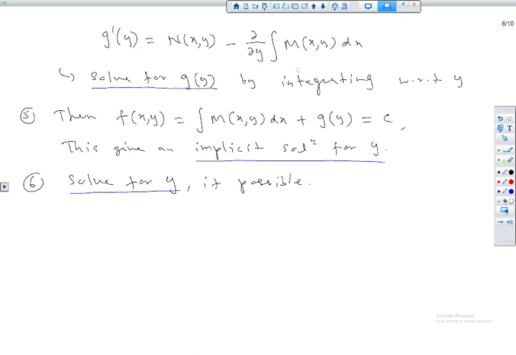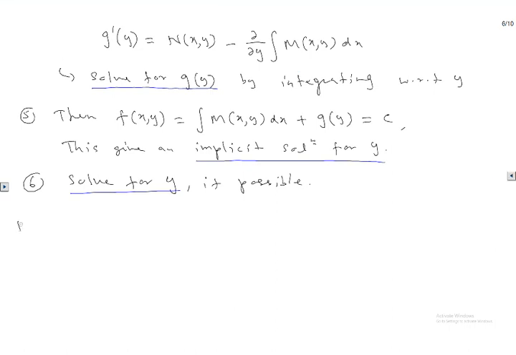So let's start with the first one. Example number 1. Solve (3x squared minus y squared) dx plus (negative 2xy plus 1) dy equals 0. So this is the problem we start with. Let's see how we do this in a systematic way.